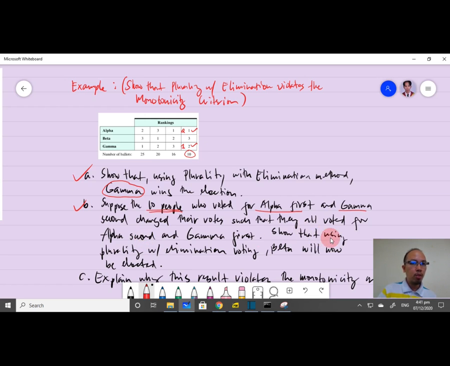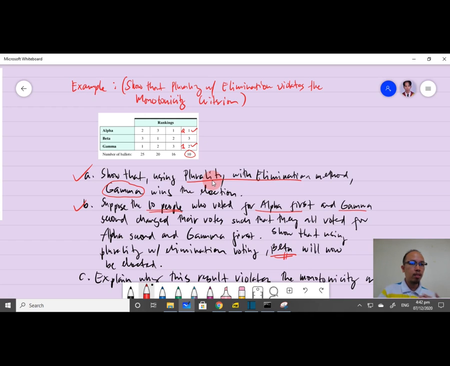You are going to show using plurality with elimination that beta will now be elected. So in the first, using plurality with elimination, the winner is gamma. Okay, gamma is the winner. But then after they change their preference, their votes, beta now wins the election.